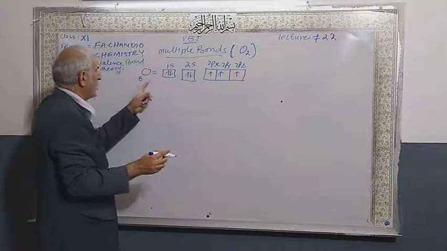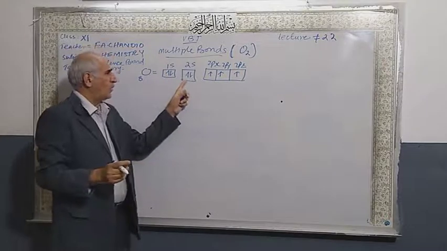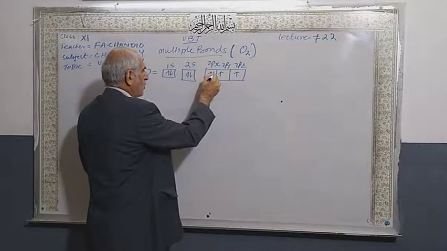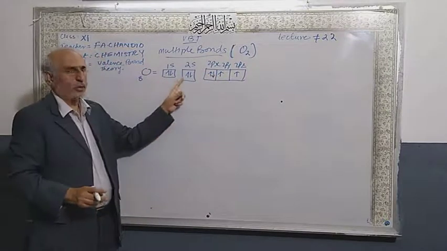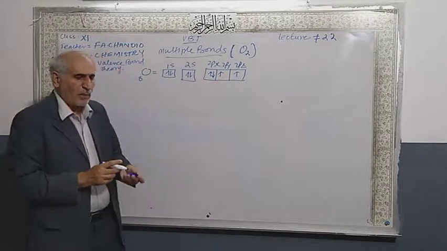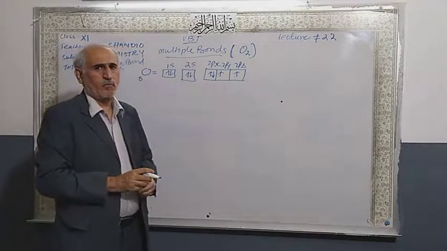You are seeing 8: 2 plus 2, there are 4, 5, 6 and 7. So now 2 and 2, 4, 5, 6, 7 and 8, and there are 2 unpaired electrons here.